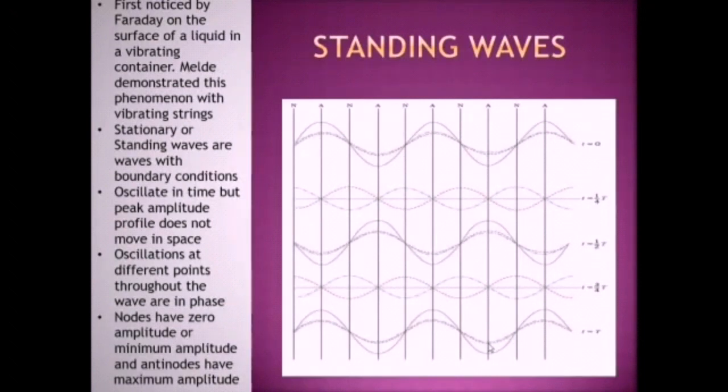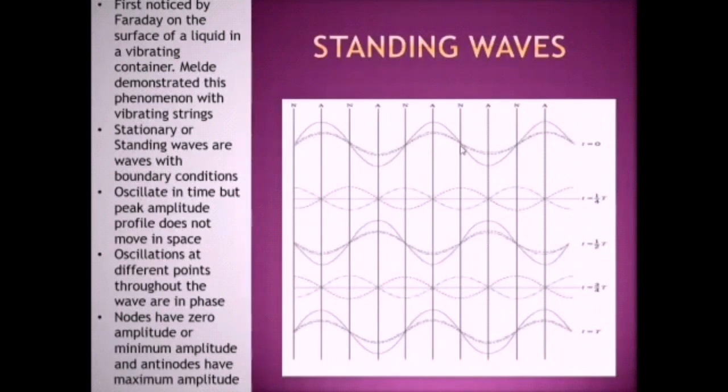It can be noted that the separation between adjacent nodes, here or anywhere along these 5 cases, is lambda by 2, where lambda is the wavelength of sound or any wave, and nodes and antinodes are separated by lambda by 4. See this node, antinode and node, lambda by 4.